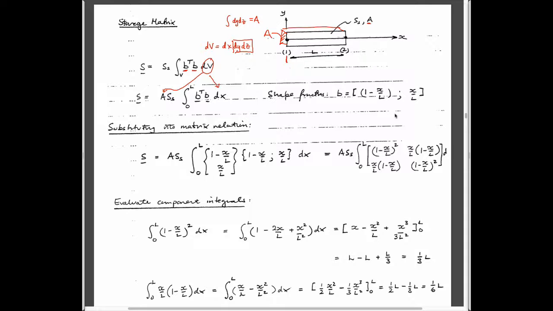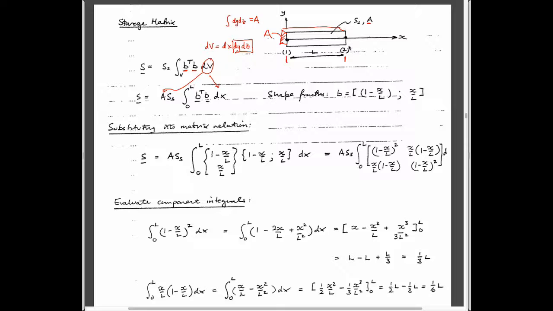That's what we need. At the other node, the magnitude at this point is 0. So it satisfies it for this one. So simple that we can do it for number 2. If we choose this node, x is equal to L, then 1 minus L over L is 0. So it's 0 at this point. L over L is equal to 1, and so it clearly satisfies our condition.